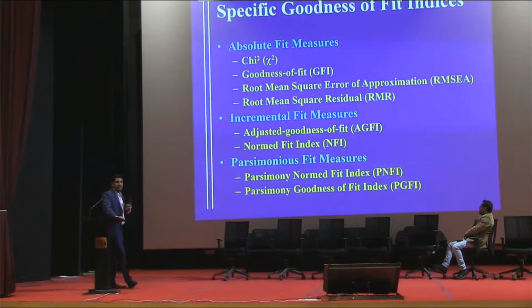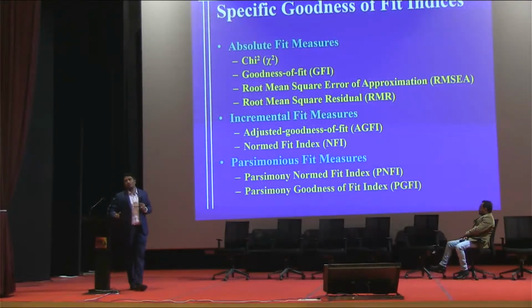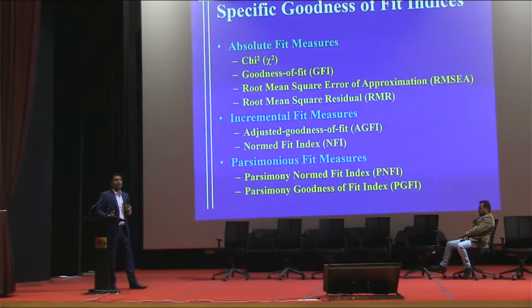The first fit index you would always look at is the chi-square fit index. Unfortunately, chi-square is extremely sensitive to sample size, so most of the time you will find the chi-square value getting inflated when you are dealing with larger data sets. It will also come out as significant. The null hypothesis of chi-square is that the data fits the model.